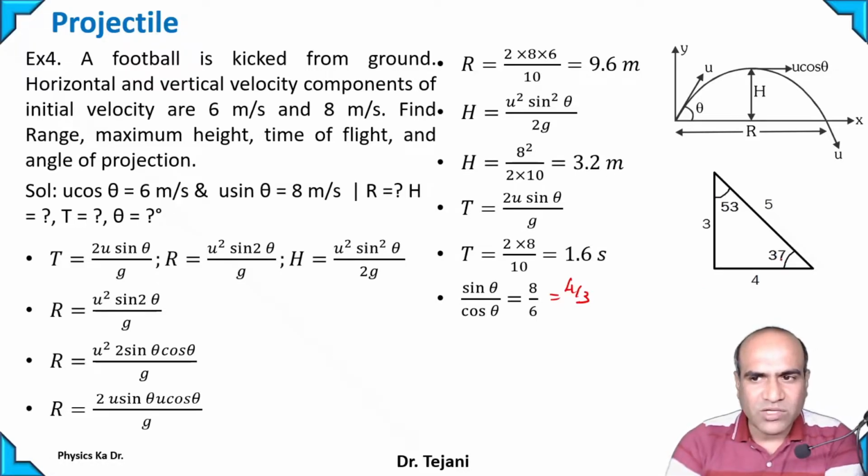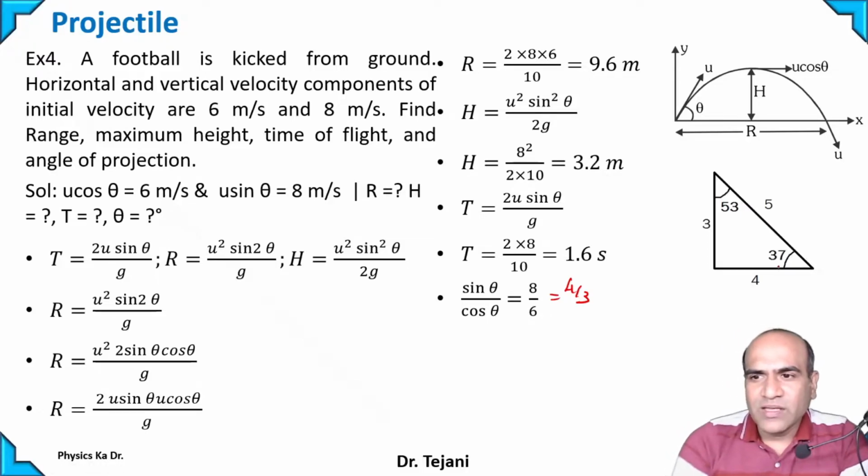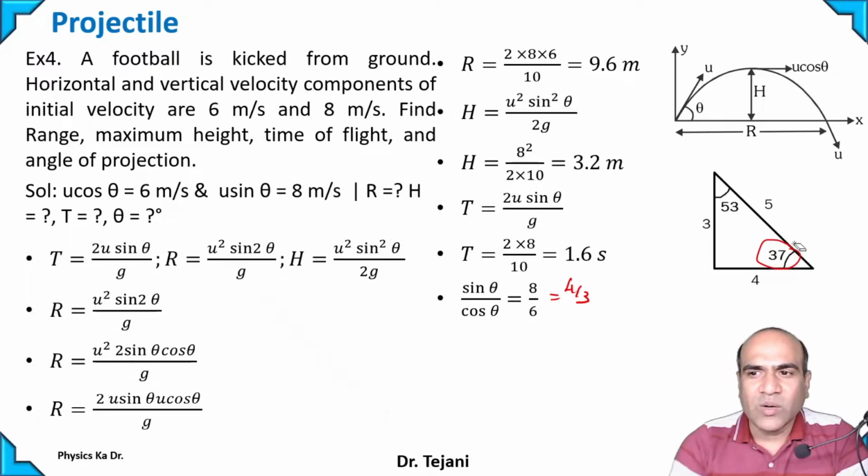You remember the 37 and 53 angles. See, for the 37 angle, the opposite side is 3, the nearer side is 4, and the hypotenuse is 5. Remember this 3, 4, 5. So here tan theta is equal to 4 by 3.